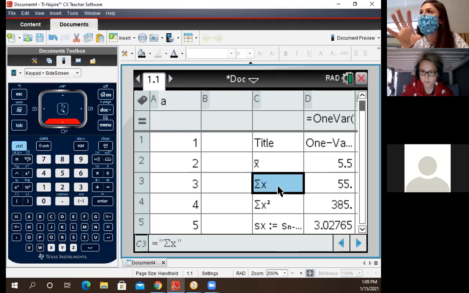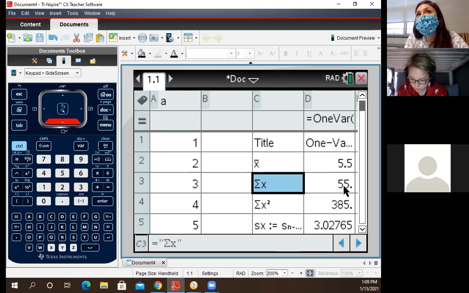So I took a bunch of stuff and added it together. So they actually found the sum of all of our data values. That was 55. So if I needed that sum, I've got it there. So for example, if it didn't give me the mean, I have the sum. So all those points are added together and I could divide by how many I had. But it does give me the mean.